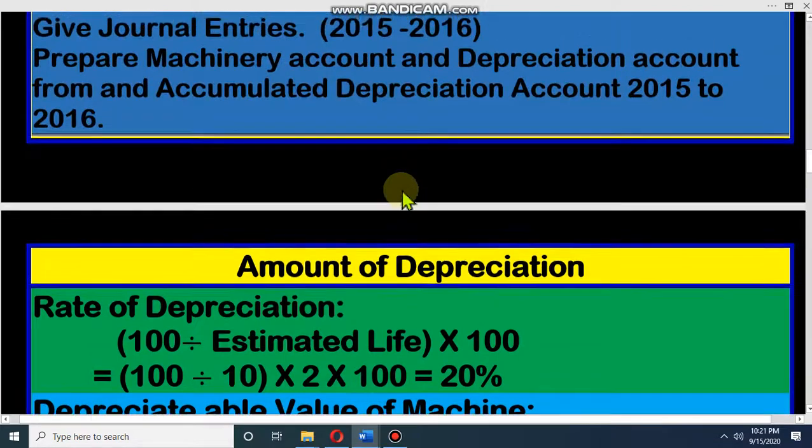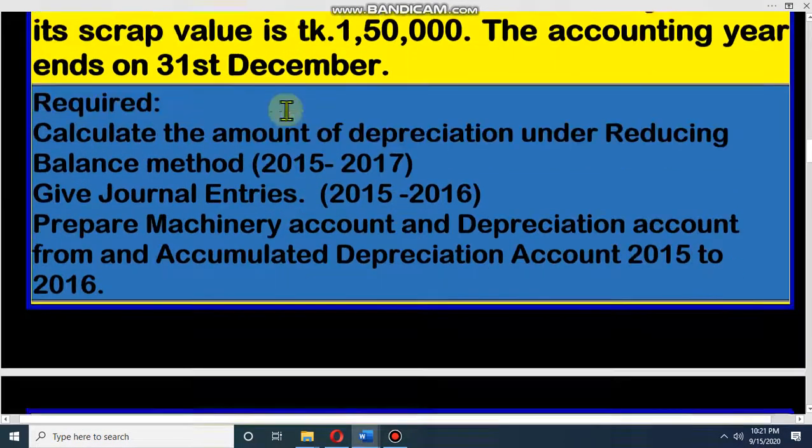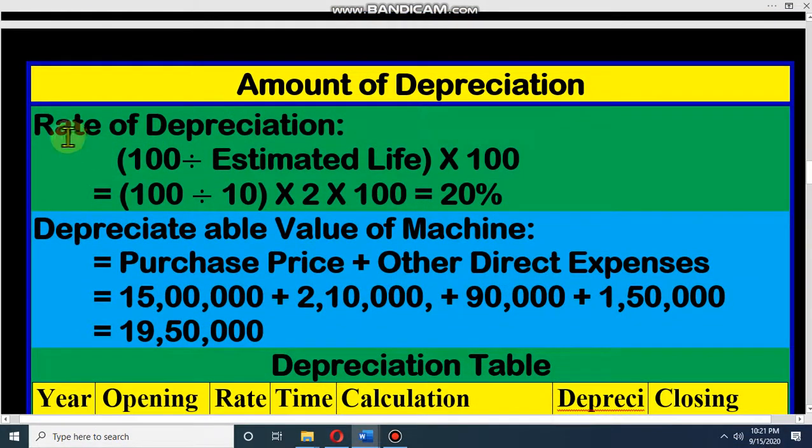Dear student, in this math there is no rate of depreciation given. All of you know that last class we discussed how you can find the rate of depreciation. Look at the formula. Be careful, we are doing the math under the reducing method. Rate of depreciation is 100 divided by estimated life, into 2, and then into 100.